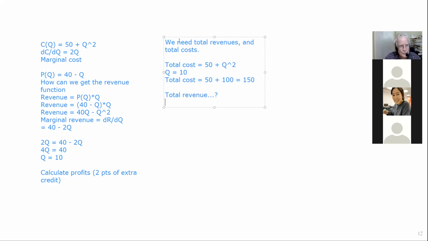Okay, let's try that. Again, that sounds like a good solution. Revenue in this case is 40Q minus Q squared, and Q again is 10.